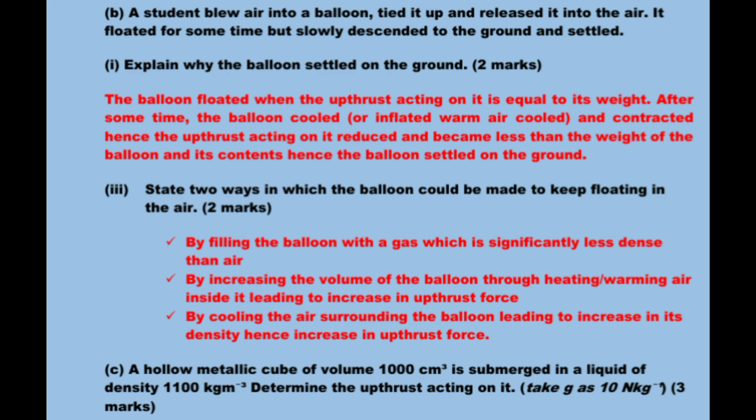It first floats for some time and then descends and settles, and then we are trying to explain why it is settling. So when the balloon floated, it floated because the upthrust acting on it is equal to the weight. In other words, the upward force is equal to the downward force. That is, the upthrust acting on the balloon is equal to the weight of the balloon together with its content.